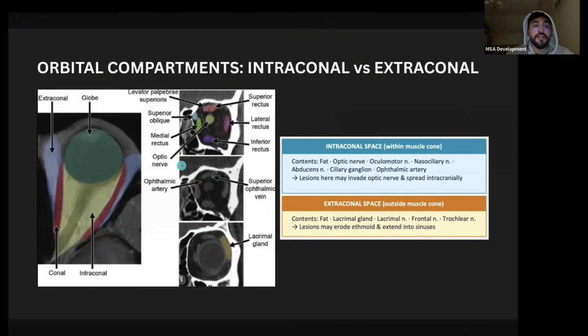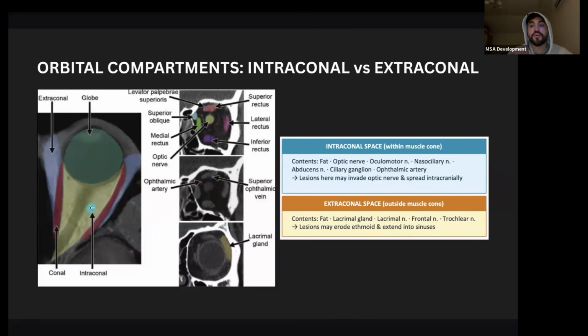Okay, now, how do they divide the eye? They divide the orbit into intraconal and extraconal. So this is an intraconal space, which basically means that it's within the muscle cone. And this one is extraconal, which is basically outside of the muscle cone, okay? And this is your globe right here. Okay. So what's within the intraconal?